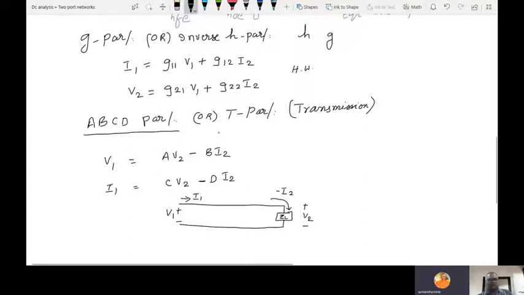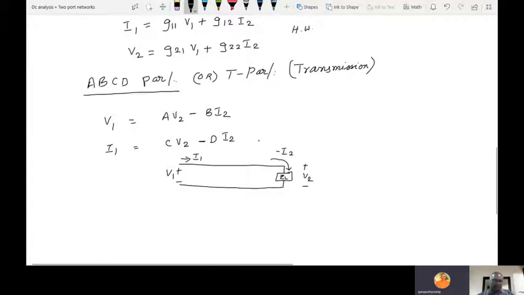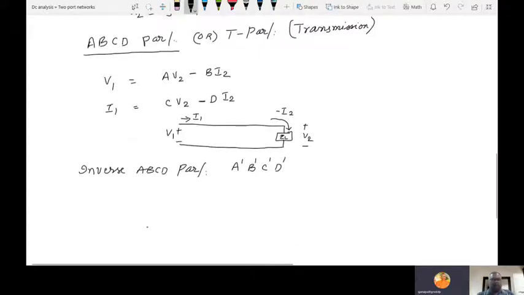So T parameters are ABCD parameters. The inverse ABCD also exists, the last one. Inverse ABCD parameters are indicated with A prime, B prime, C prime, D prime. How do we write them?